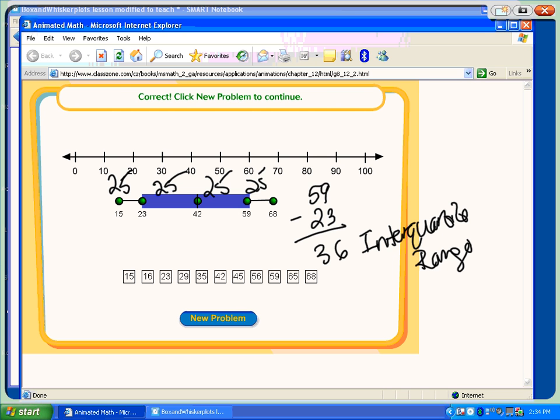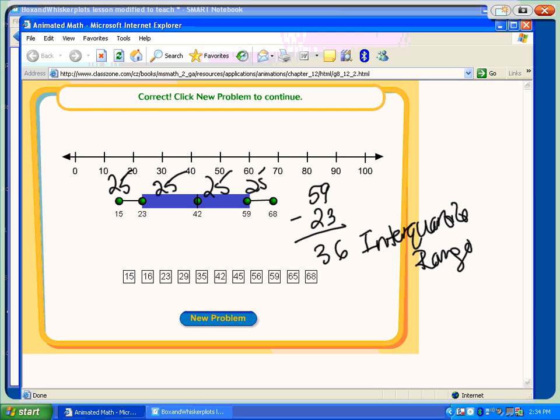What's the percent for A? 57 or younger, what percent is that? 25. 57 or older would be what percent? 75. 65 or younger would be 50%. And 65 or older would be 50%. So it's A. 57 or younger would be 25%. That would be that first whisker.